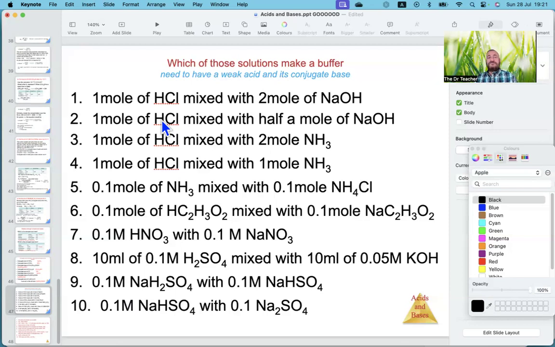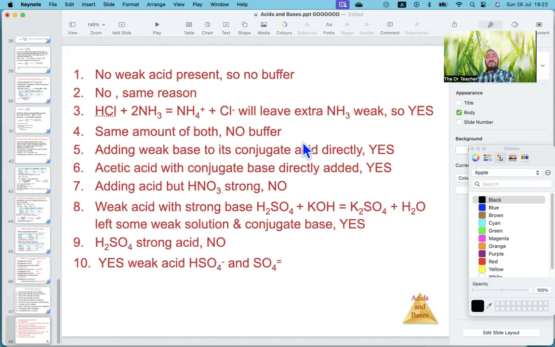We don't deal with weak. If 1 mole of HCl is mixed with 2 mole of NH3, ammonia, is ammonia a strong base? Tell me, is it a strong base?